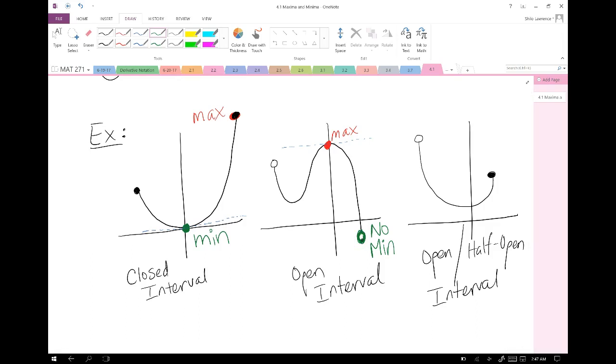On our last graph, if we look for the max, we look where the highest point is. It looks like this is the highest point somebody tried to draw, but again, it's an open circle. We can't use it. So there's no absolute max. And then if we try to look for the lowest point on the graph, we do have one.